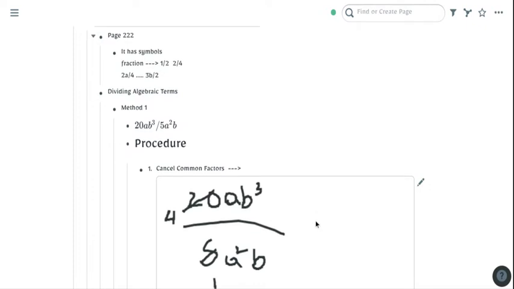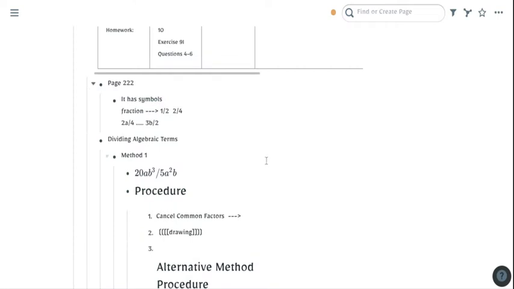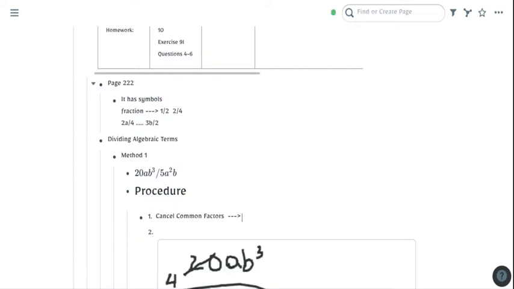So in other words, the common factor that we canceled was 5.